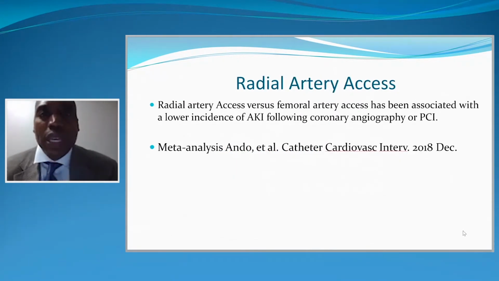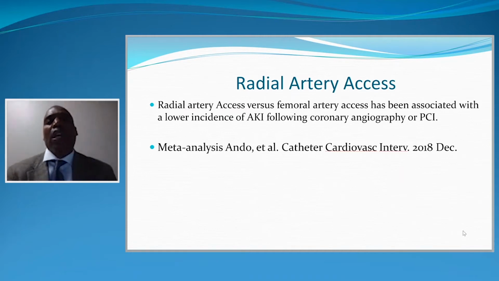Now we're going to talk about certain procedural and medication related principles which may result in a reduction of acute kidney injury related to contrast. So there's a study looking at radial artery access. This study was published in 2018, and it basically showed that patients who underwent coronary angiography via the radial approach had a lower incidence of acute kidney injury related to contrast.